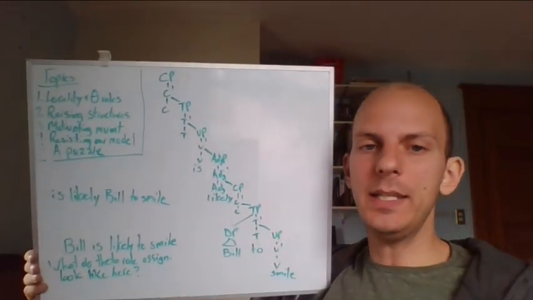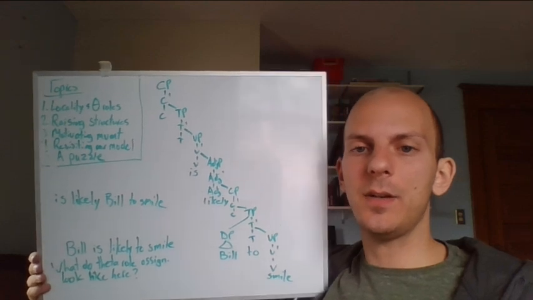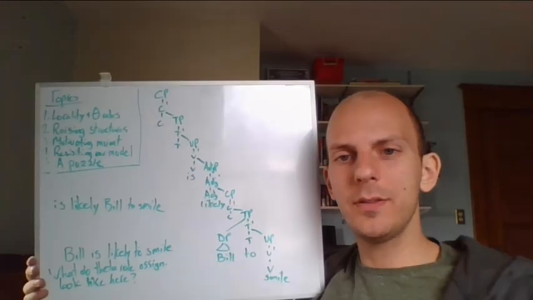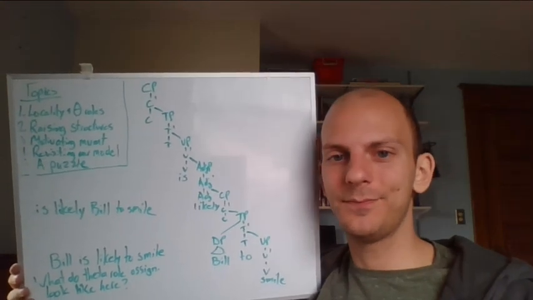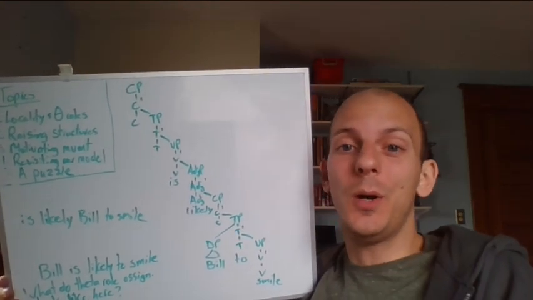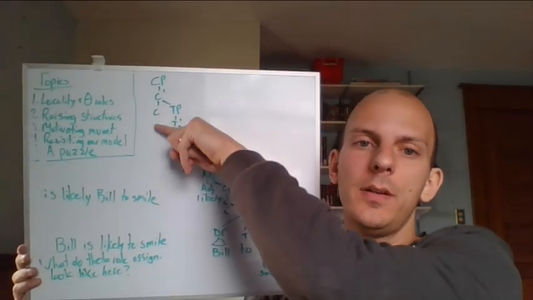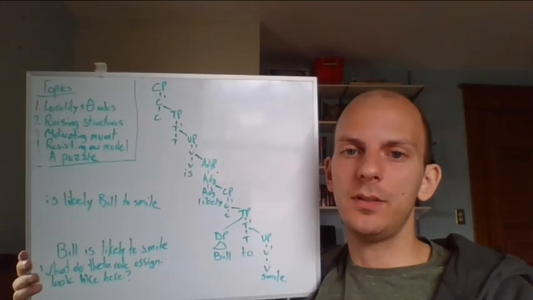Aha, something's wrong, so let's move to fix it. How do we fix it? Well, again, to fix the EPP, we need something in the specifier of TP position. What goes there? Subjects. How many subjects do we have? Well, we just have the one. So we're going to move our subject up to the spec TP position.